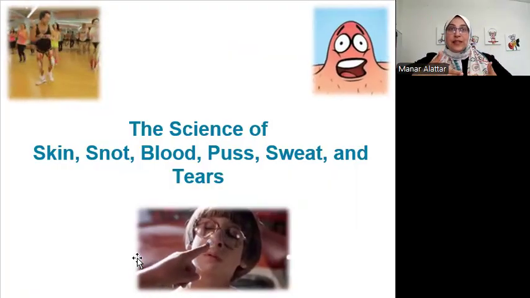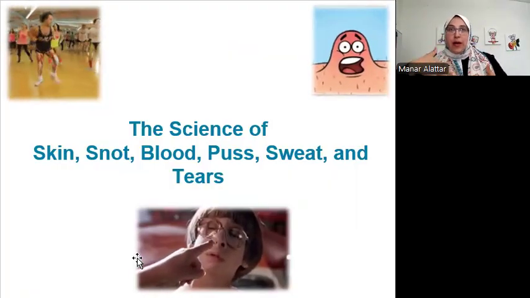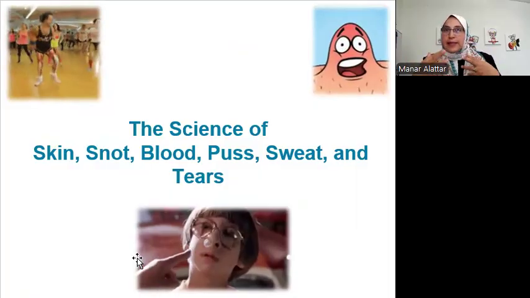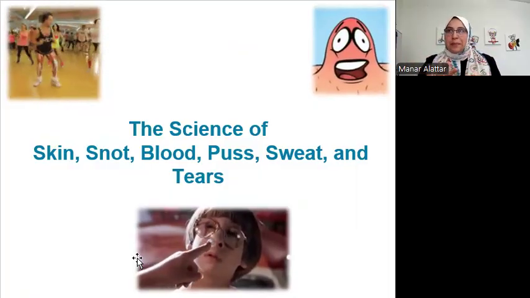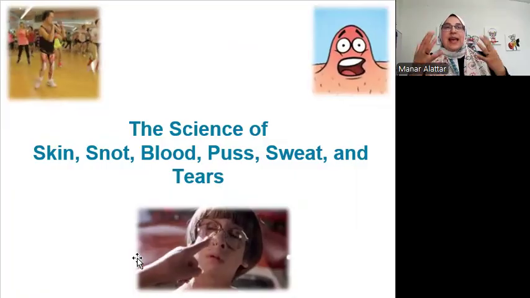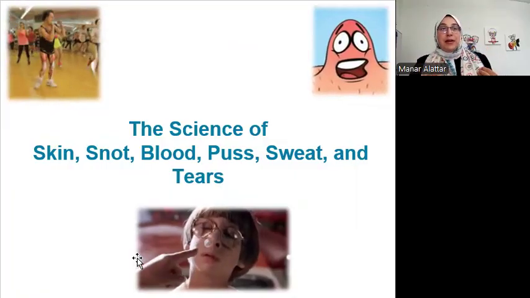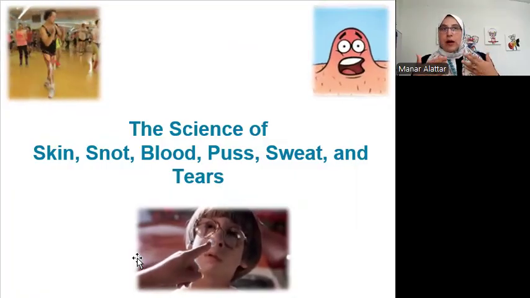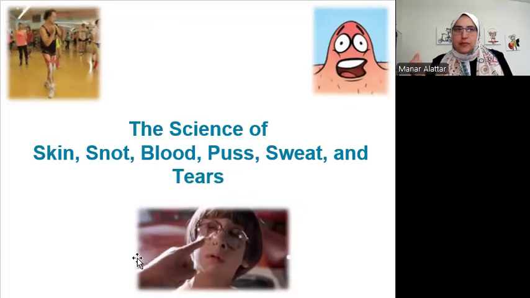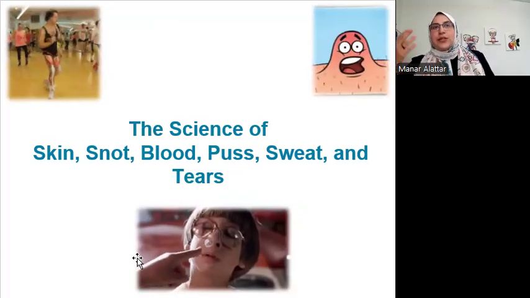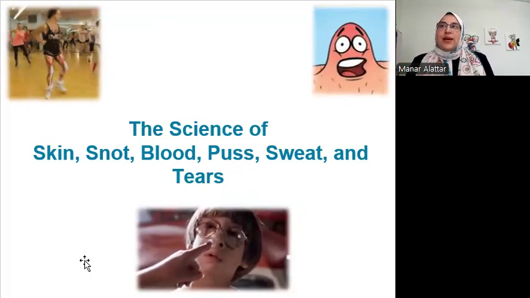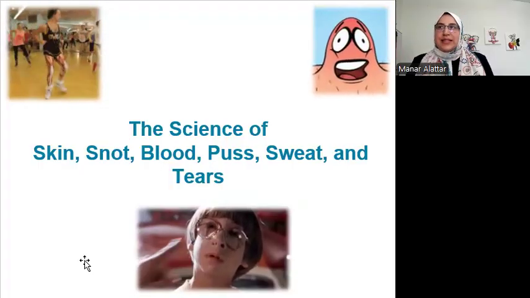Our skin is a physical barrier, and then you layer onto that the various components of sweat, snot, blood, pus, and tears. And those together help make sure that pathogens do not come into contact with our body in a way that they can cause disease.